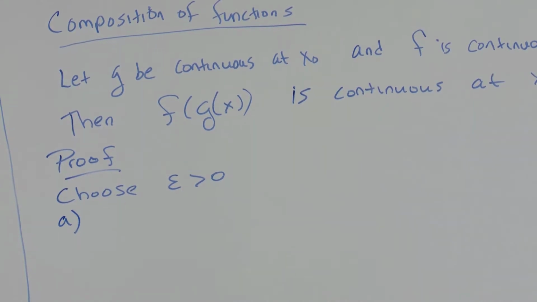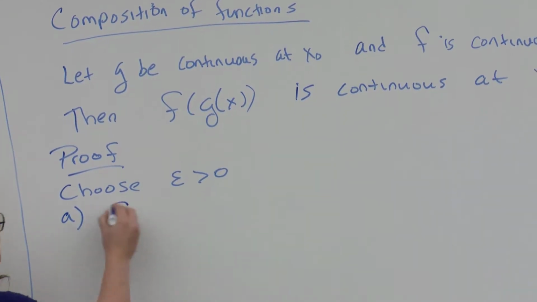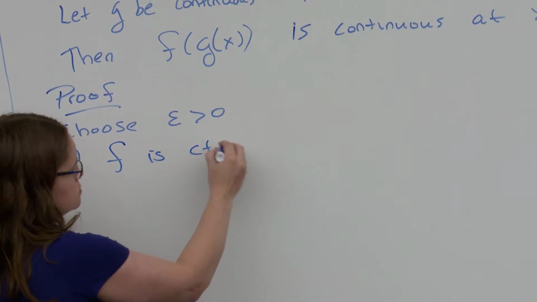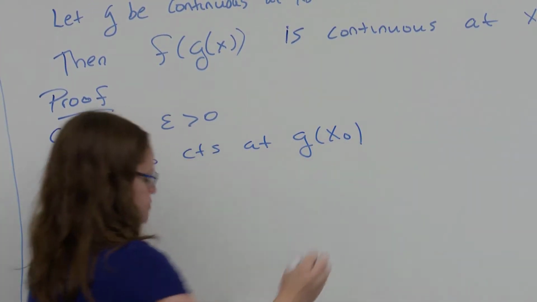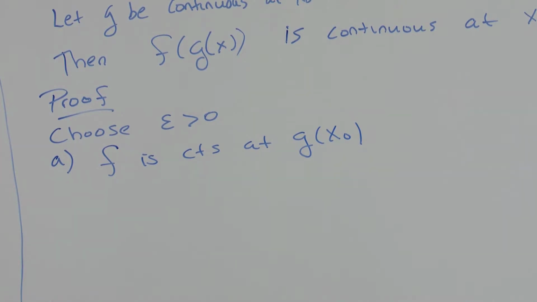Okay, so f is continuous at a point g of x naught. Okay, so what does that mean?